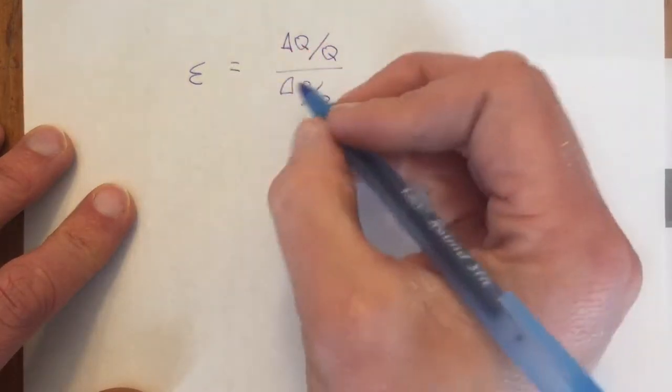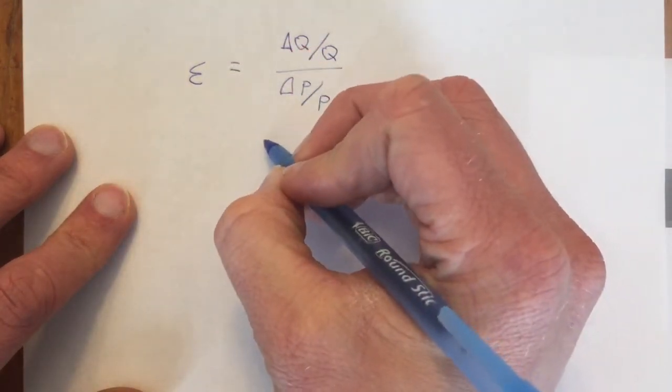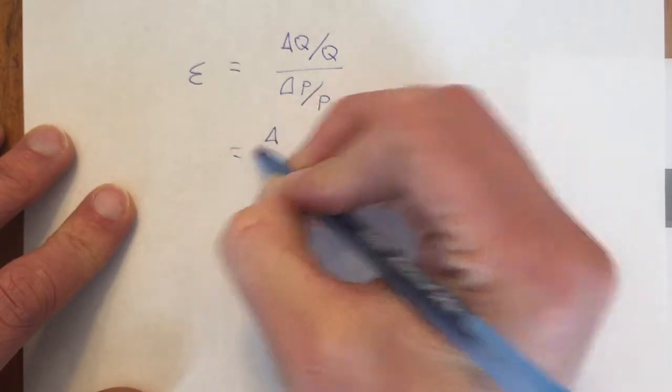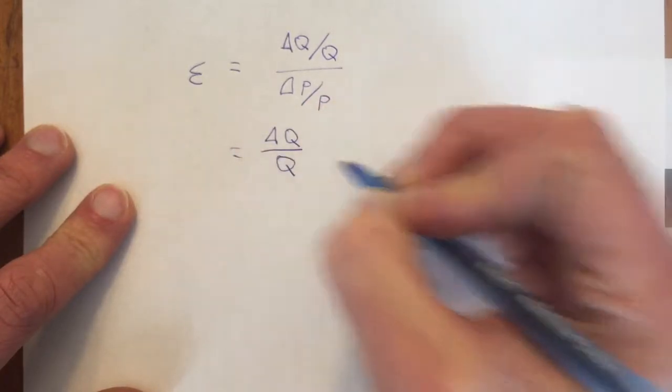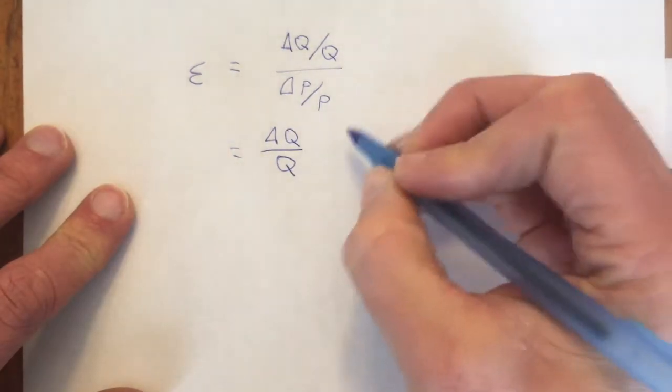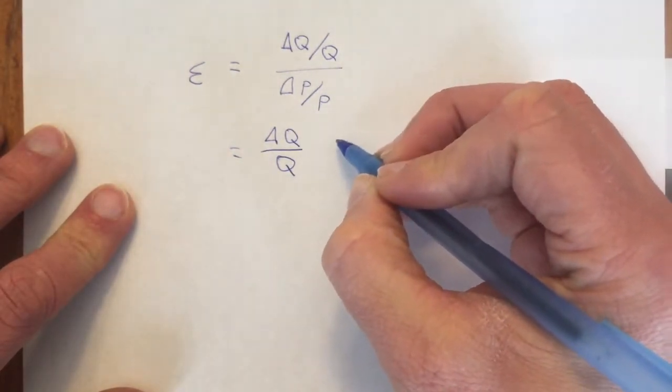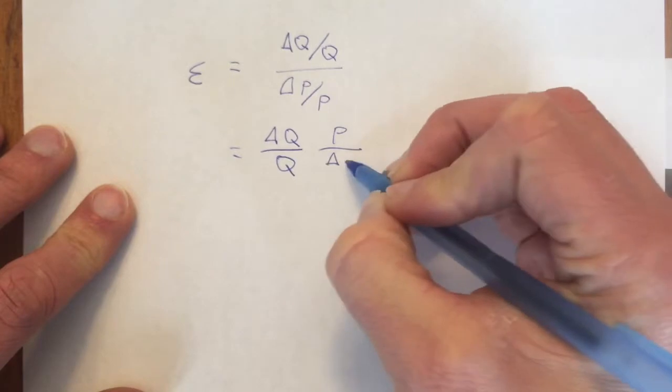So let's go ahead and say that's also going to equal the delta Q, or change in quantity, over Q times P over change in P.